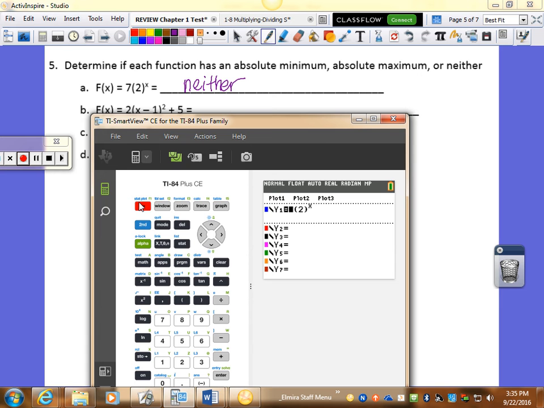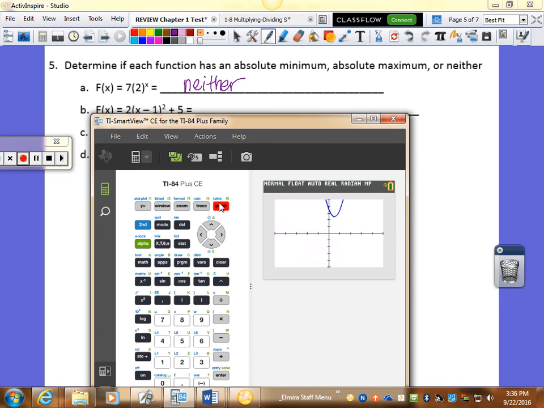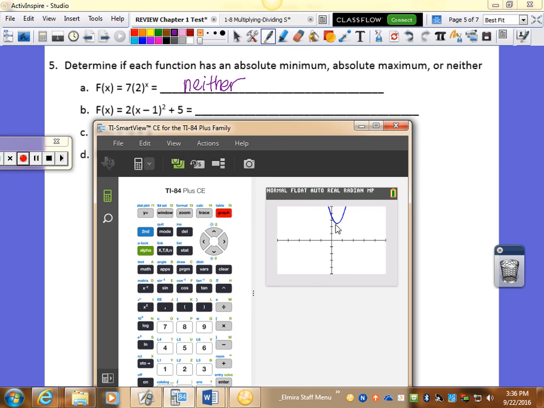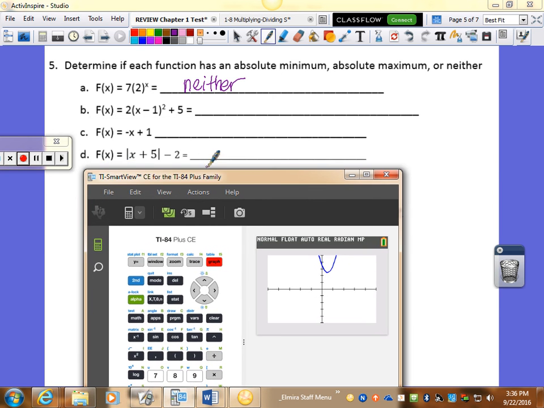Okay, next one. Y equals 2 parenthesis x minus 1 close parenthesis squared plus 5. Okay, this has a minimum right there, that lowest point.